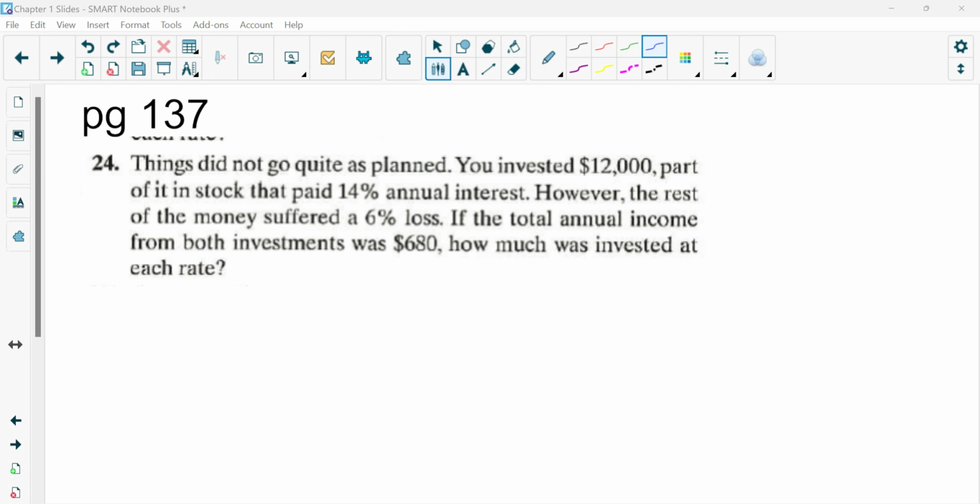You could make your x either amount; I'm just going to do x equals the amount of money in 14% interest.